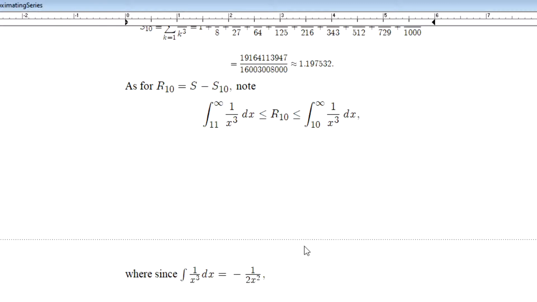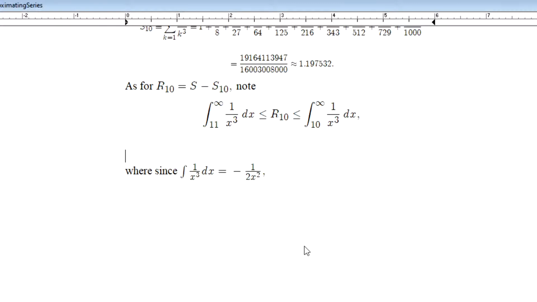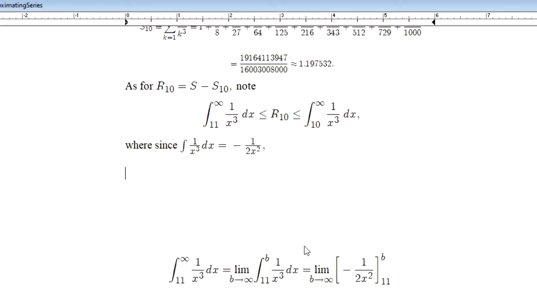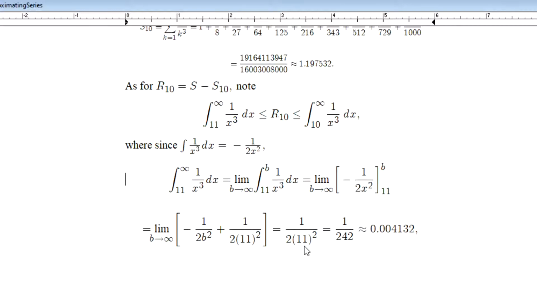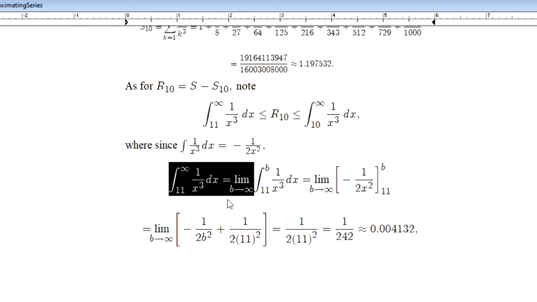These are both integrations that involve the exact same integrand. So maybe we'll take note to begin with, the antiderivative of 1 over x cubed is negative 1/2 over x squared. If we think about the left-hand bound, the integral from 11 to infinity of 1 over x cubed dx is going to be the limit.